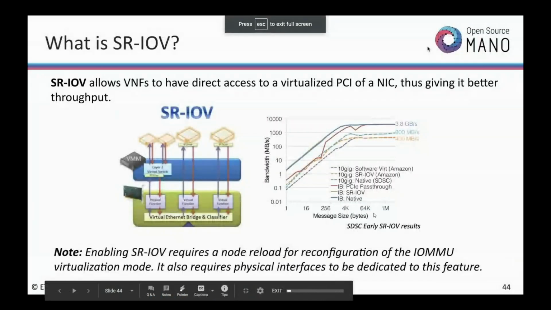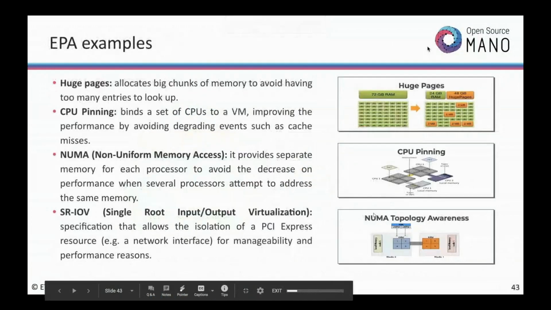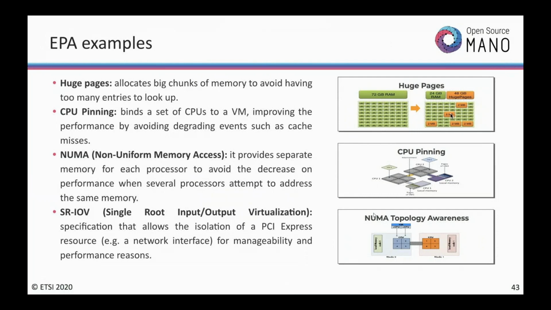So defining these techniques, huge pages allocates bigger pages to the memory that is assigned to the VMs, and this translates into a lower use of CPU when not finding information in the memory cache. And this, of course, is associated with a better performance of the VM.